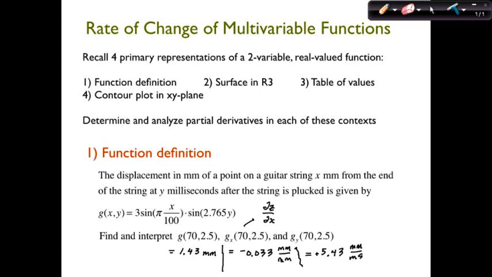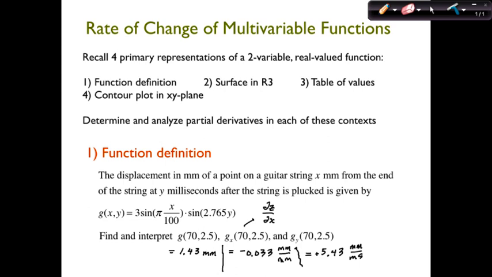The displacement will be? It's not that the displacement will be negative. The change, right? The change in displacement. Yeah, so at 2.5 milliseconds, 70 millimeters down the string, if you made a small change in distance down the string, the change in displacement that you would see would be negative 0.033 times as much as the change in distance down the string that you picked. Did you catch all that?